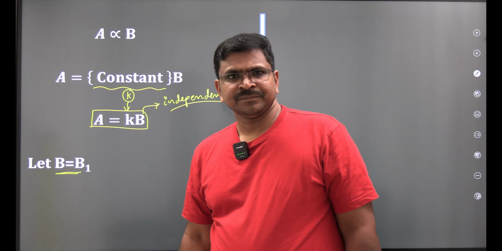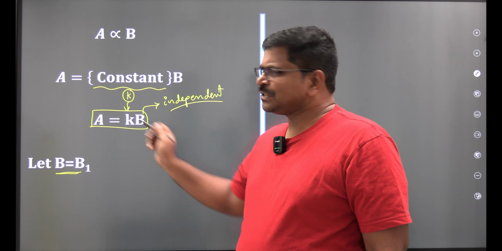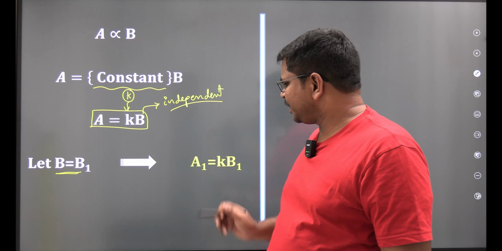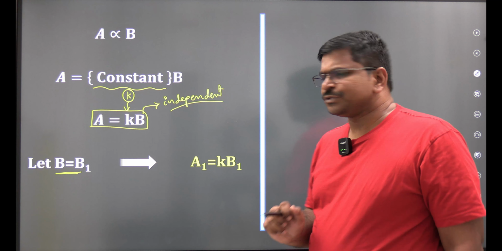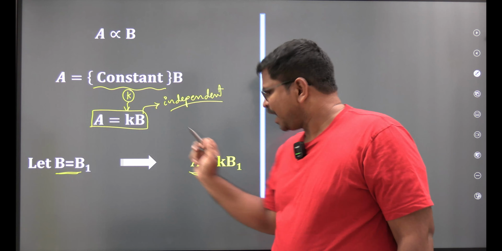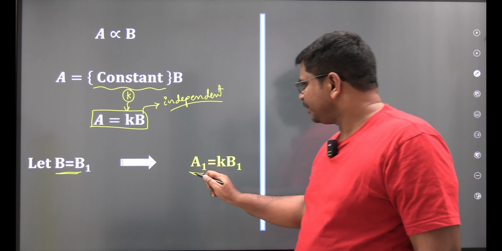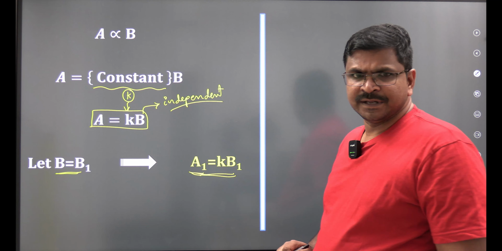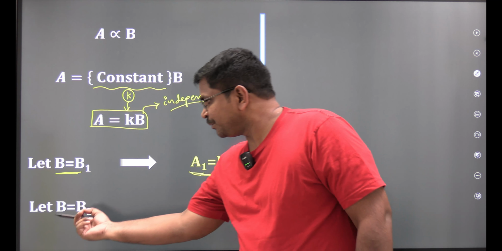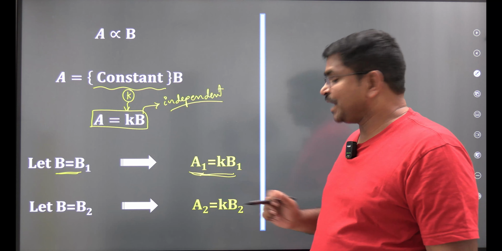If B equals B1, definitely A becomes A1. So A1 equal to, what is the A value? K times B, and K times B1. So A1 gives you K times B1. Similarly, if I substitute B equal to B2, I get A2 equal to K times B2.